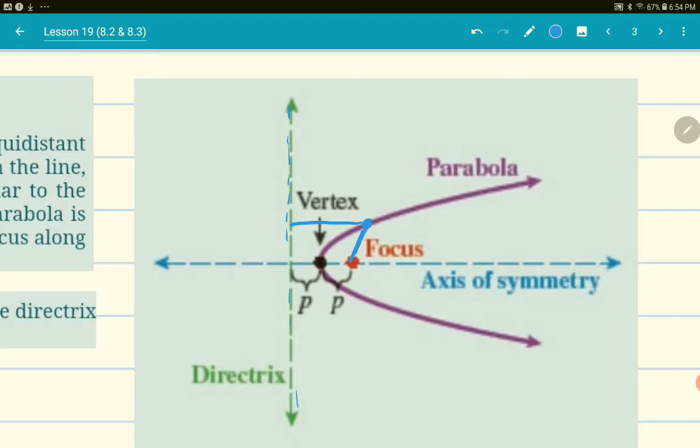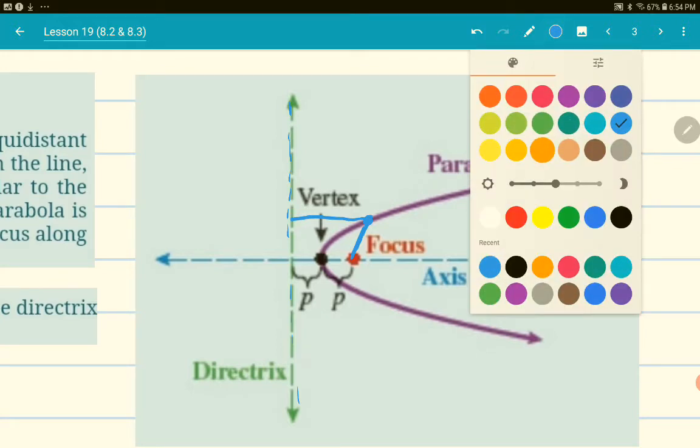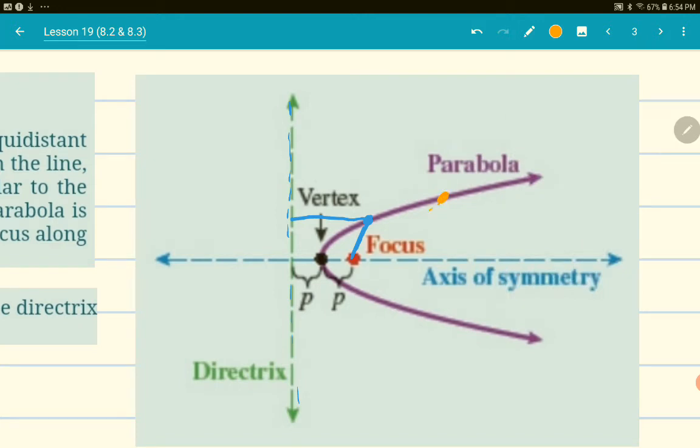This one doesn't look like it's drawn to scale because those do not look the same distance, but if it was drawn to scale, then you would see that any point on the parabola is equidistant from the focus and the directrix.